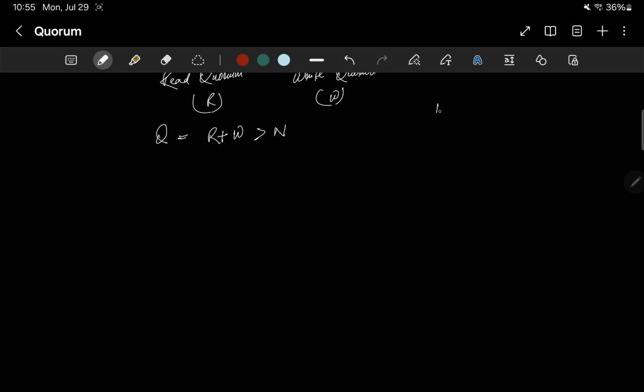So let's say if we have 10 nodes, if read quorum is 5, write quorum needs to be at least 6, because read plus write should be more than N. Okay. So this is the mathematical representation. Q is quorum size, R is read quorum size, W is write quorum size, and N is the number of nodes.